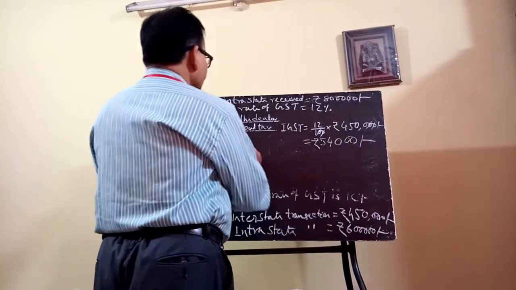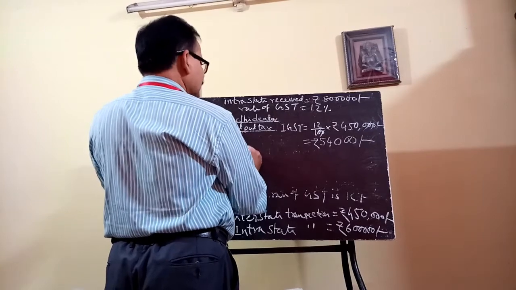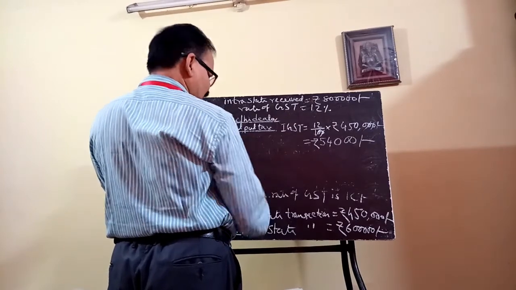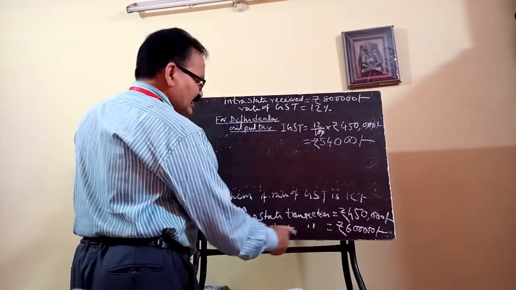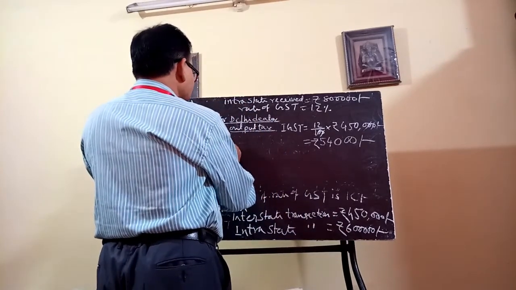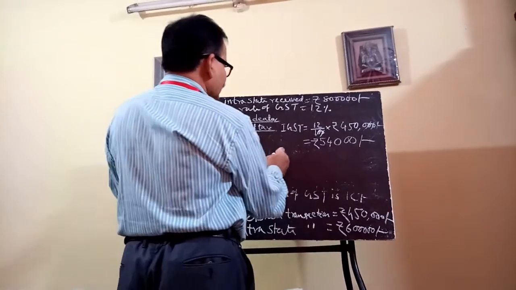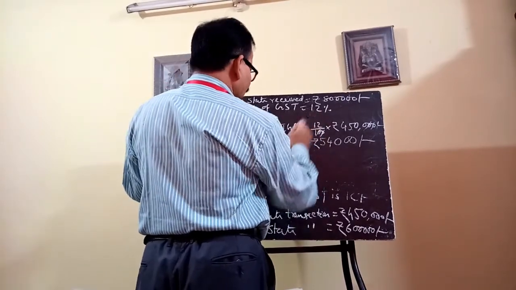Okay. Now again output tax for CGST. Now the transaction is an intra-state transaction of 6 lakh. So here CGST, this is also output tax, your total tax is your 12%.